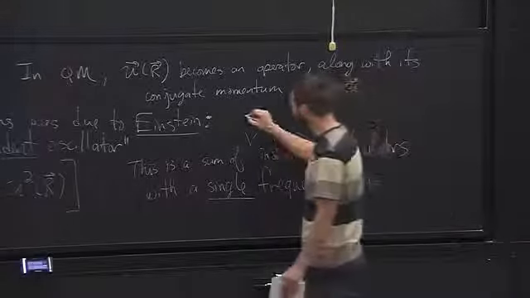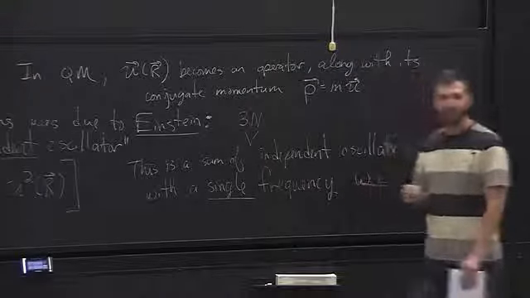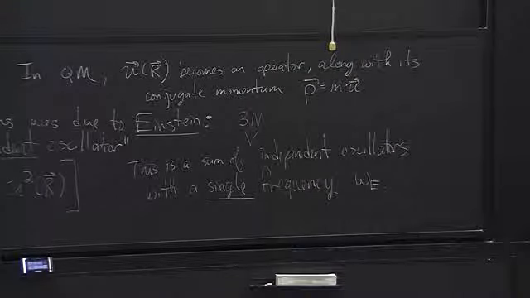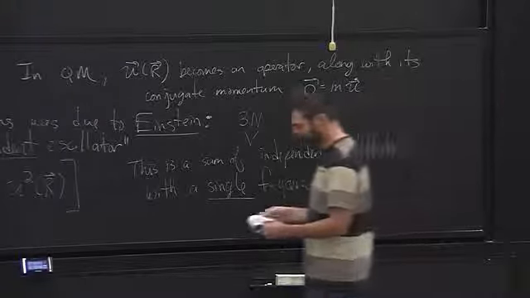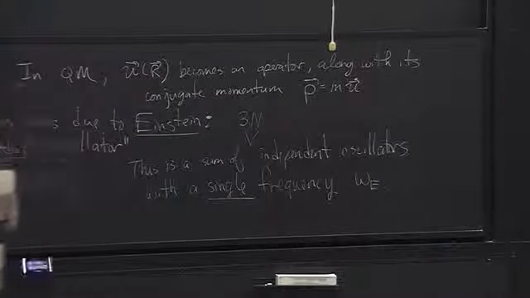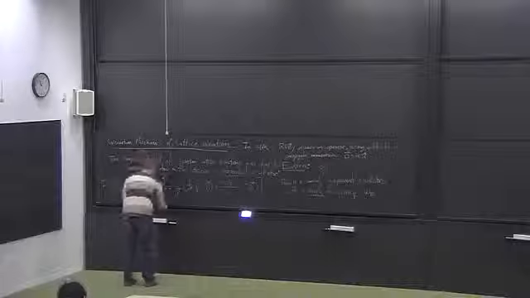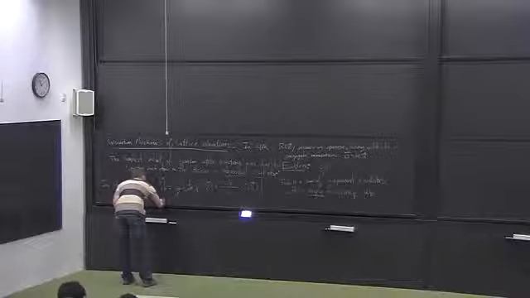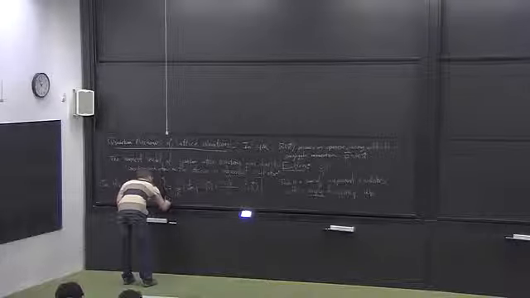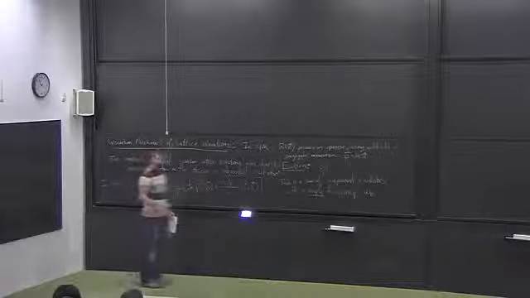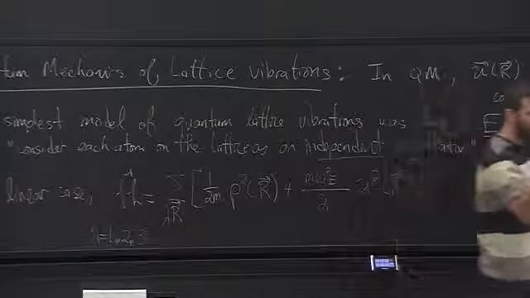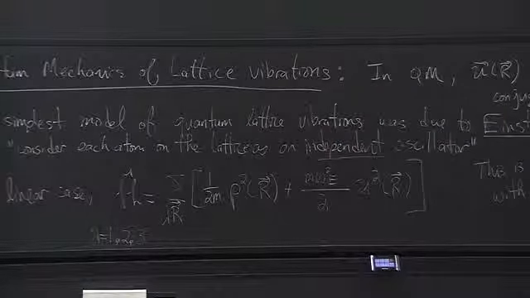So just like we had different modes before, there's actually 3n independent oscillations that can occur. So that's a sum over r. I actually need another index, which is a sum over, say, lambda, where lambda goes from 1 to 3. Because each oscillator can be x, y, or z, and there's n of them.